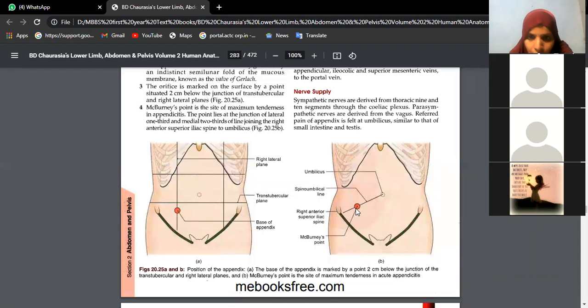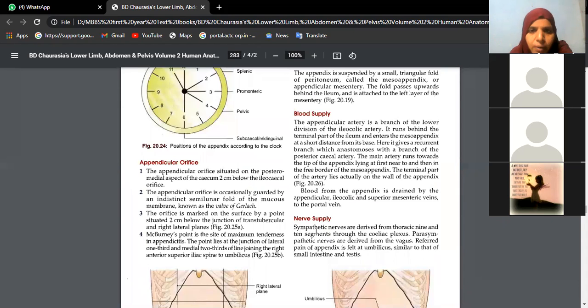There will be severe pain which the person cannot tolerate in case of appendicitis. So this point of maximum tenderness in inflammation of appendix is called McBurney's point. Okay, beta?